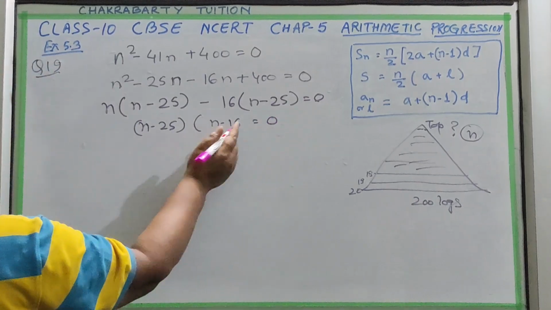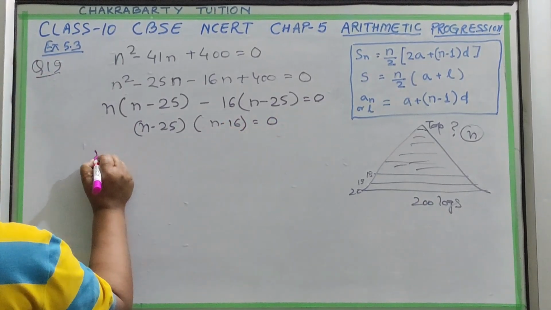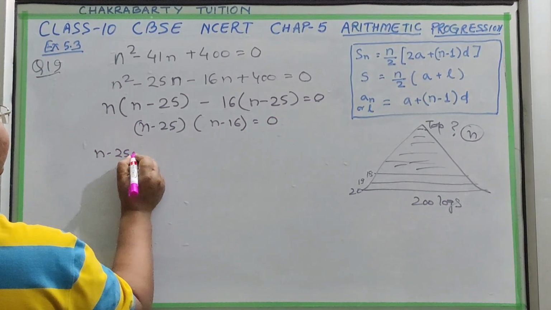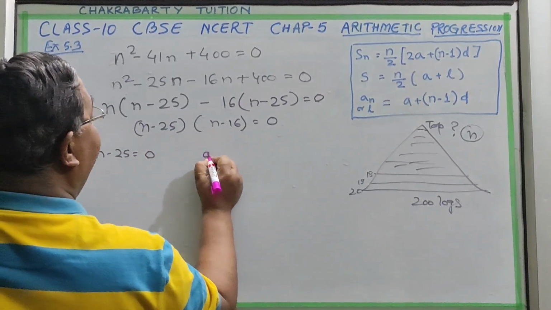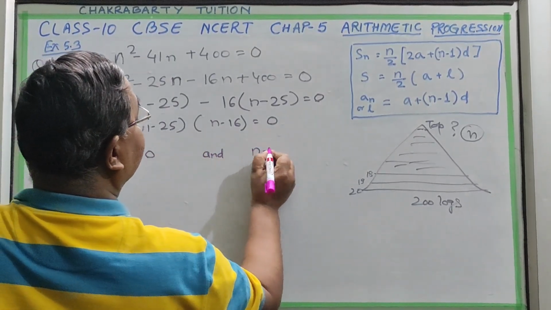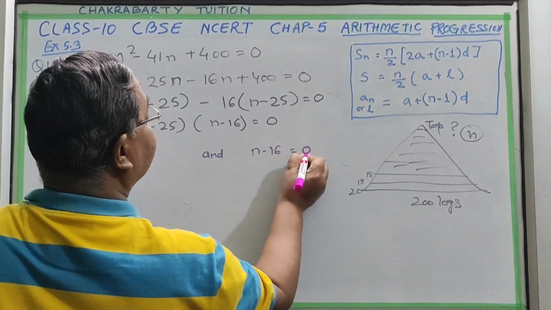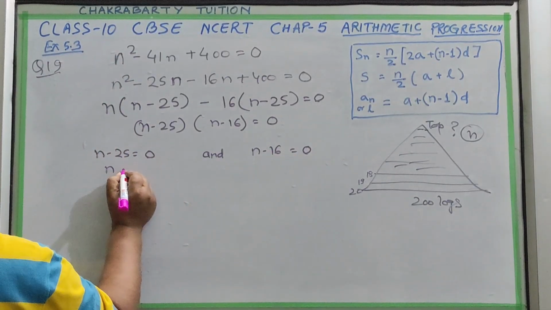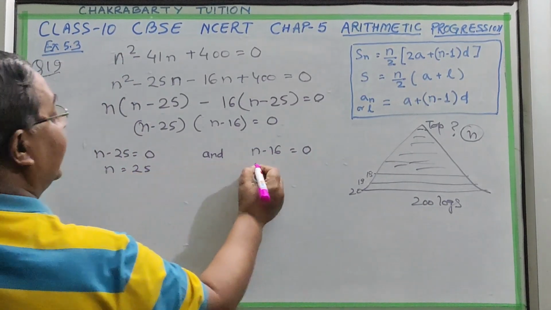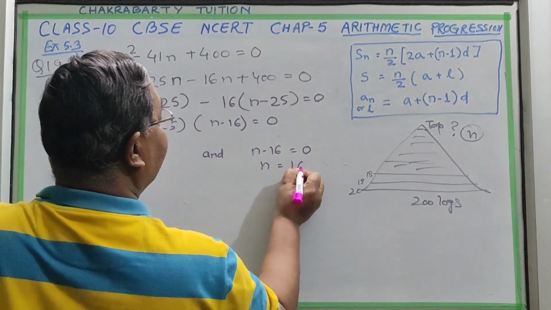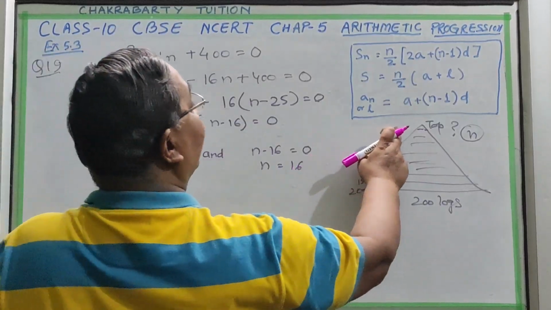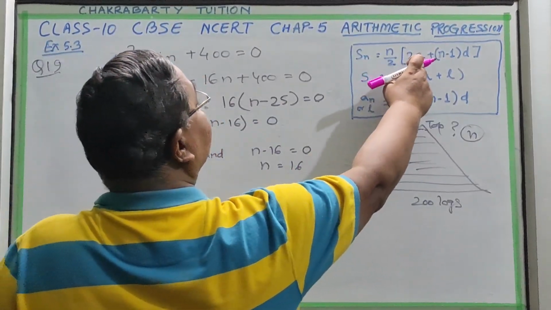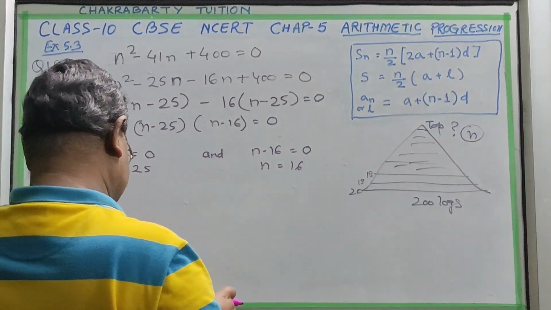So two factors we are having. One is n minus 25 equal to 0 and the other is n minus 16 equal to 0. So here n is equal to 25 and here n is equal to 16. Now we will see what will be on the top. For the top we have to decide.